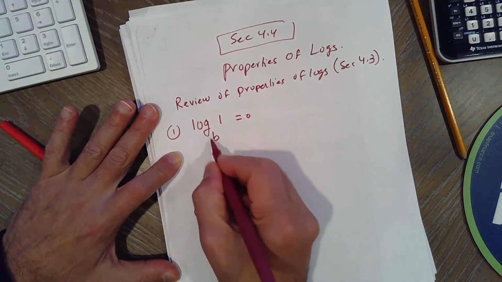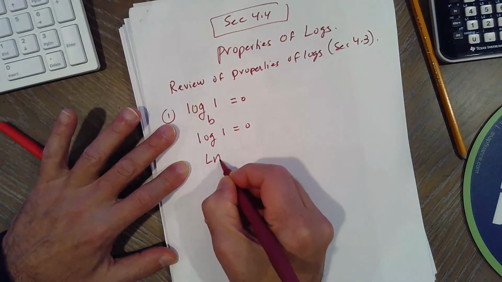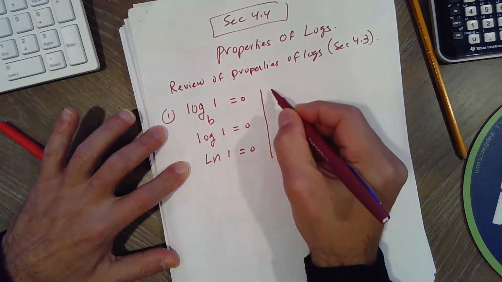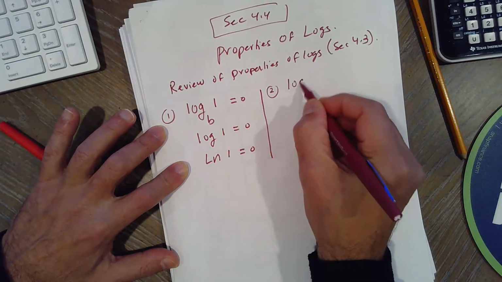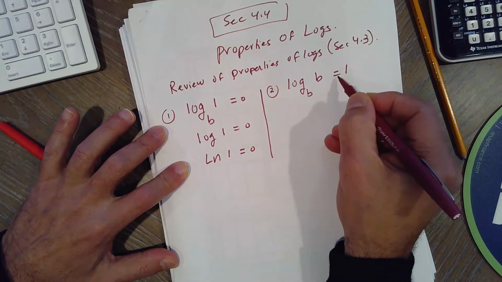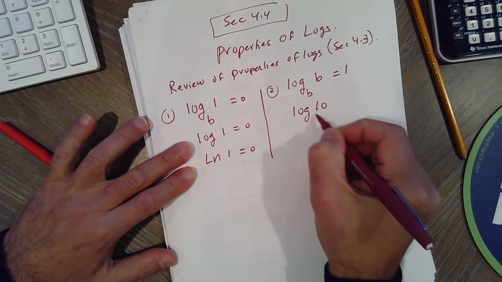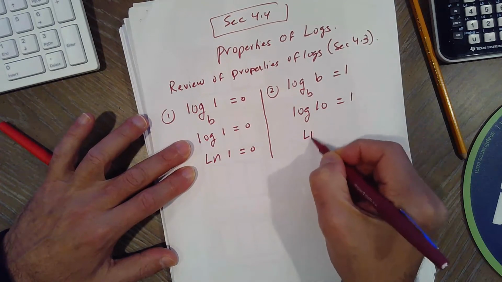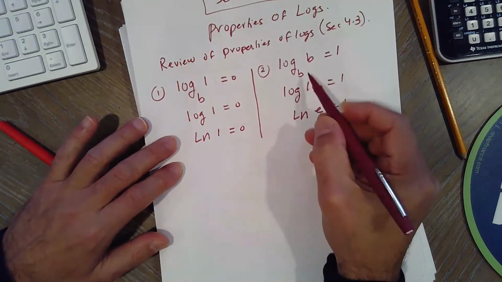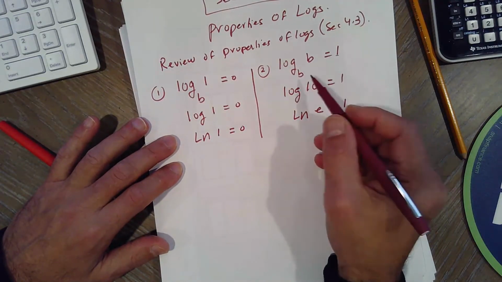Now if the base is 10, log of 1 is 0, and if the base is e, ln of 1 is 0. We also know that log base b of b is 1 because b to the first power is b. So log base 10 of 10 is 1, and ln of e is also 1 because ln has a base e. So whenever the input and the base are the same, the answer is 1 for the log, okay?